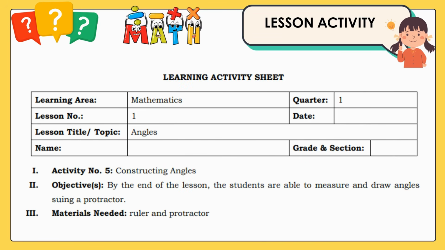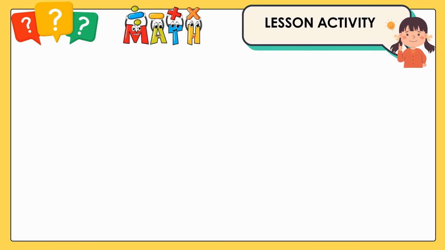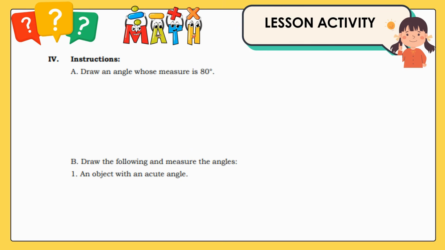Here is the learning activity sheet. The title is Constructing Angles. Objectives: by the end of the lesson, the students are able to measure and draw angles using a protractor. The materials needed are ruler and protractor. Instructions: draw an angle whose measure is 80 degrees.